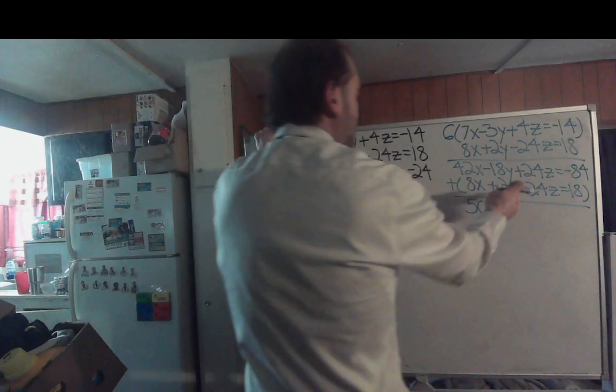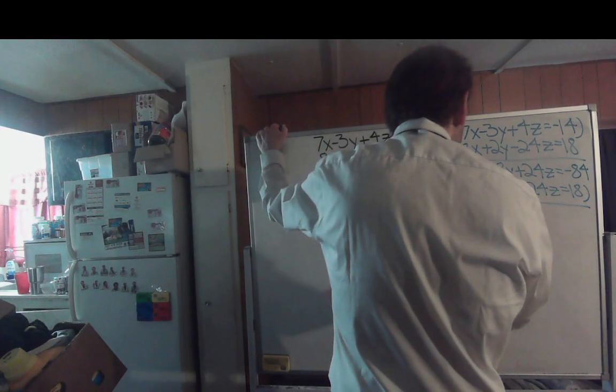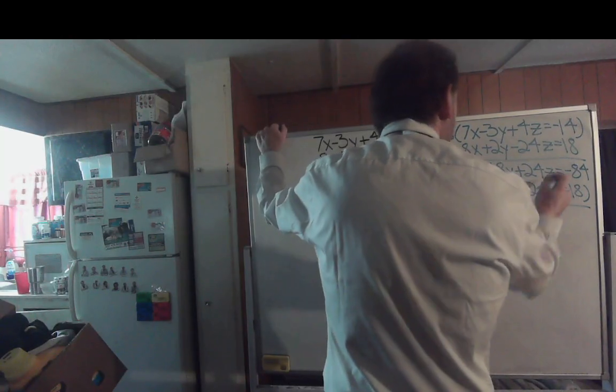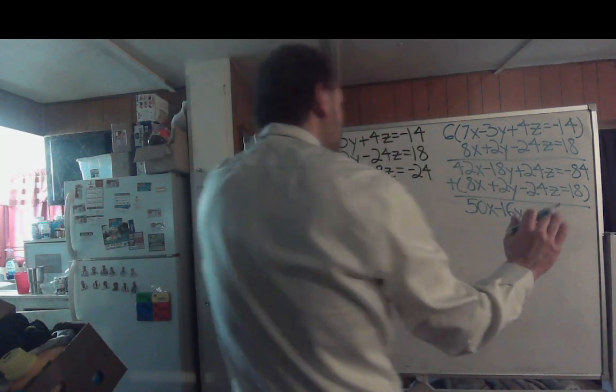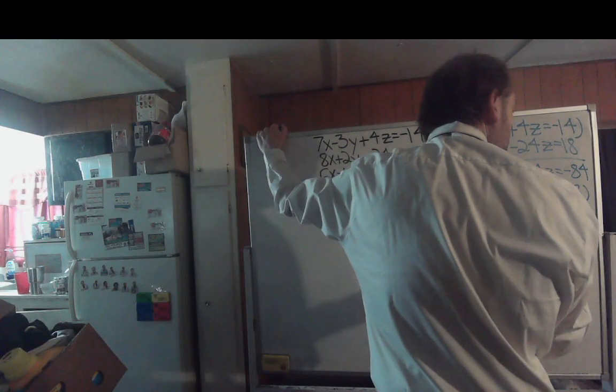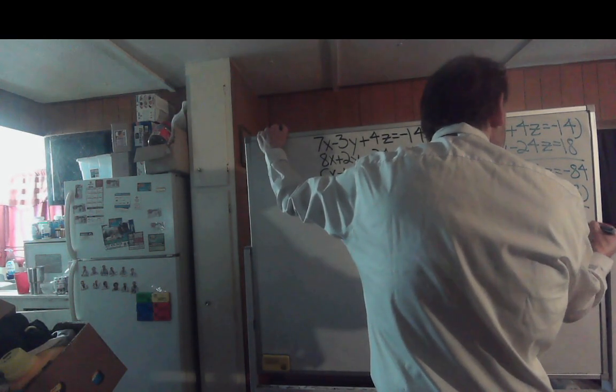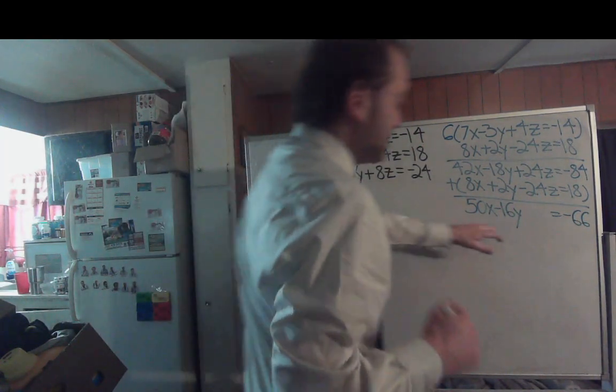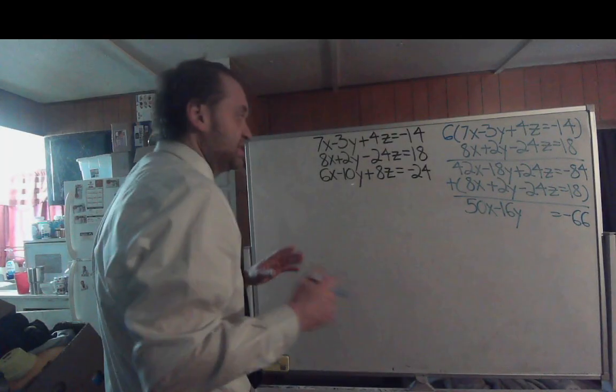Negative 18y plus 2y, that's negative 16y. 24z minus 24z, that's gone. Negative 84 plus 18, that'd be negative 66. So you have 50x minus 16y equals negative 66.